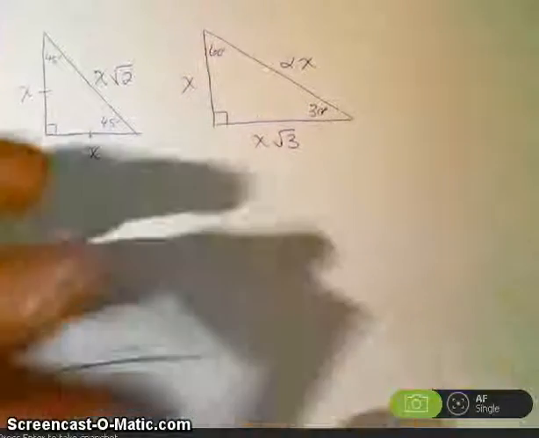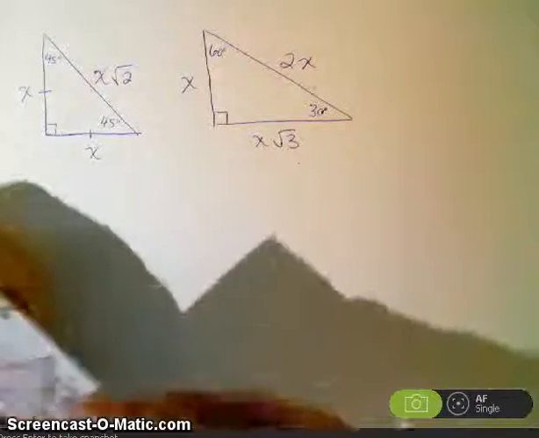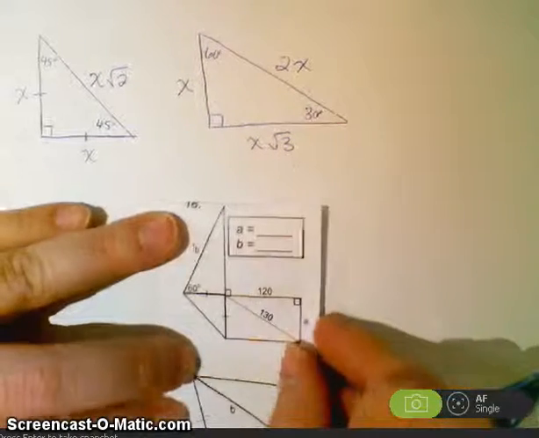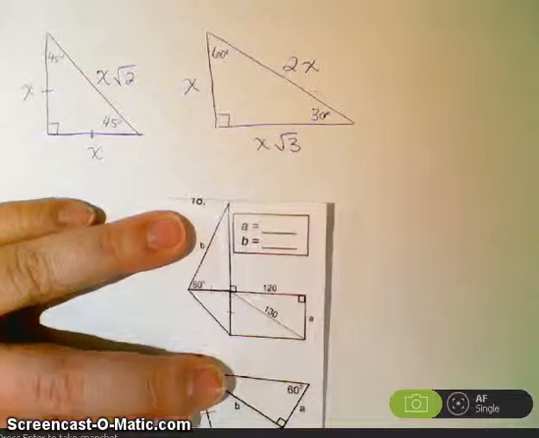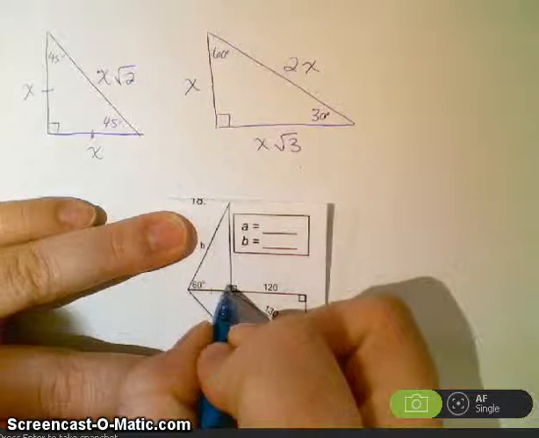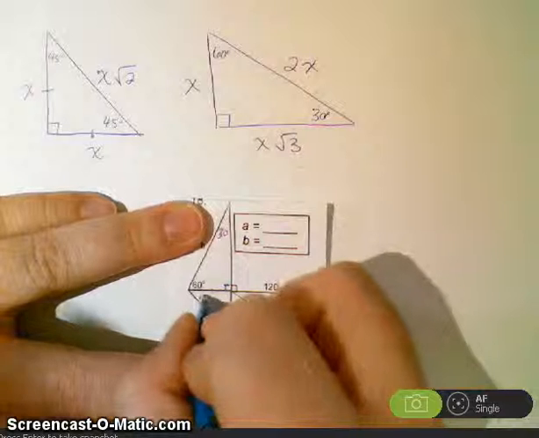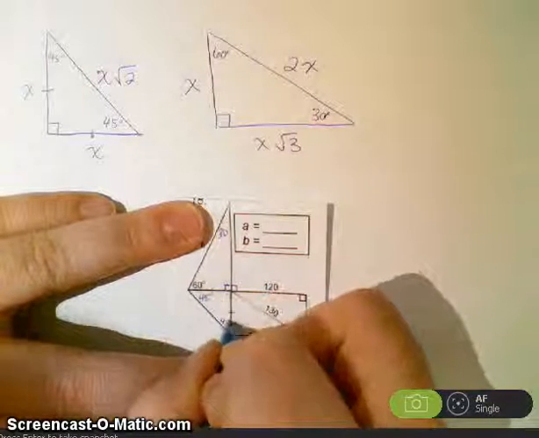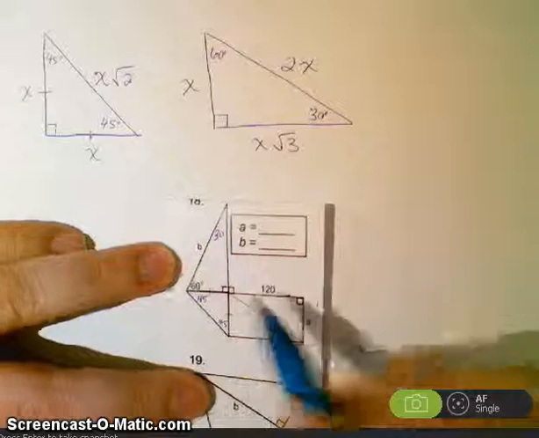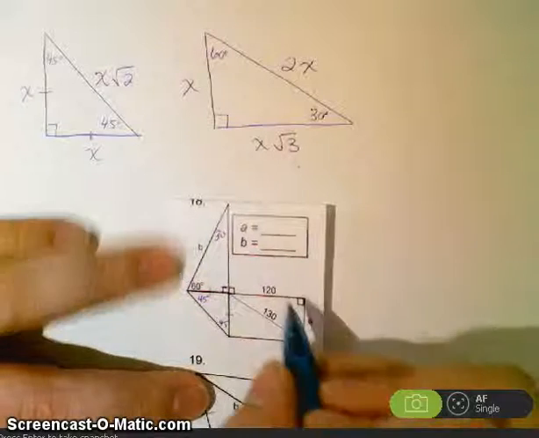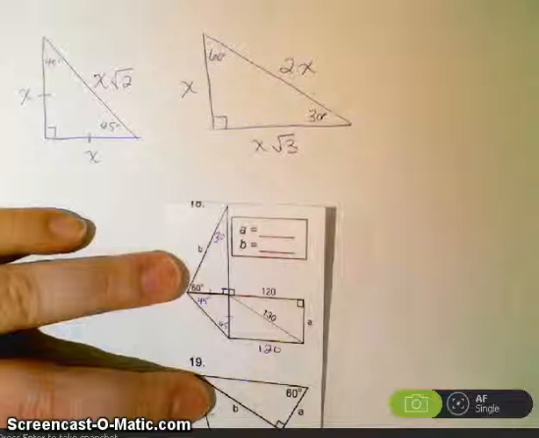Alright, now the next one's a little more complicated. And I did see some pictures like this in your quiz, so just pay attention. First of all, figure out where your 30, 60, 90s and your 45, 45, 90s are, and go from there. Let's see. Well, here's a rectangle, so we know this is 120.